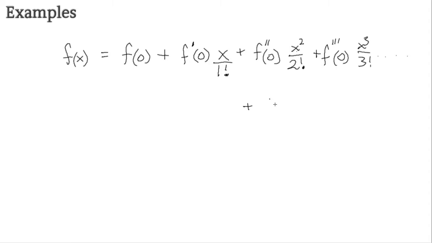To express that, we have the function differential n, denoted by the power in brackets, of 0 multiplied by x to the n on n factorial.